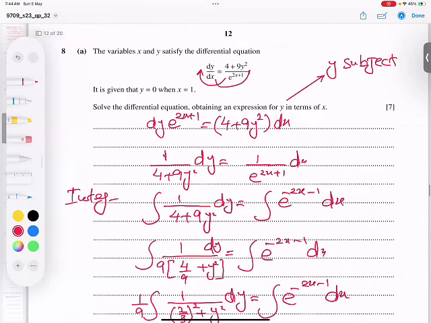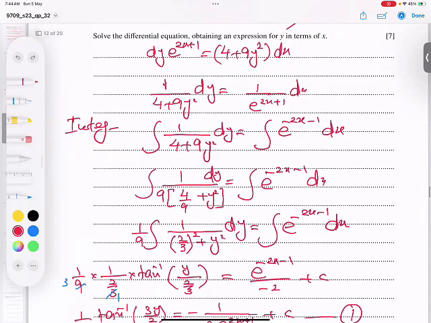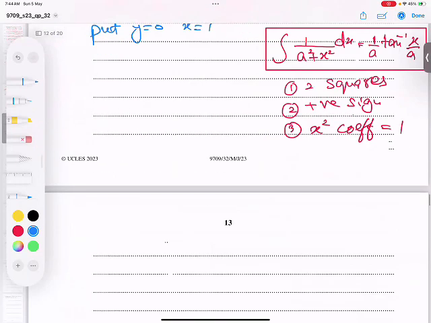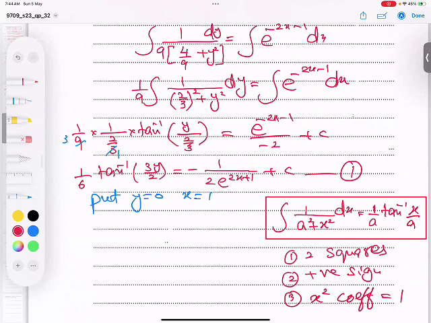Now I'm going to put in this data, y0, x1. So when I plug in y0 here, tan 0 is 0. When I plug in 1 here, I get -1 over 2 e to the power 3 plus c. So I hope you are understanding how, repeat, 1, 2 is a 2 plus 1, 3, e to the power 3.